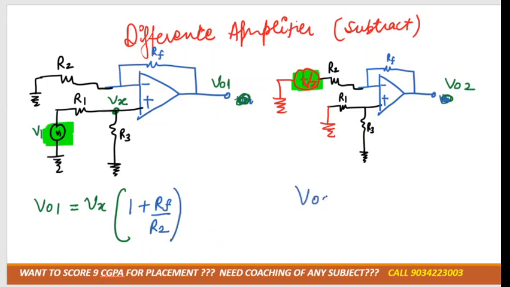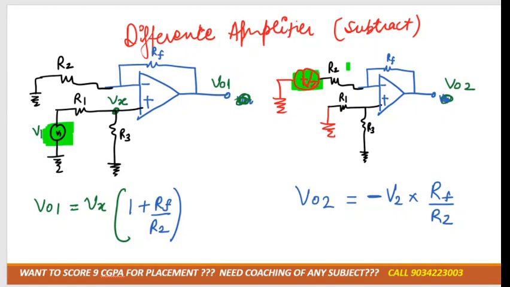Similarly, we can write it down for V02. V02 is connected to the negative terminal, so we have to see the output for the inverting amplifier. For inverting, what would be the output? Minus V2 multiplied by Rf over R2.